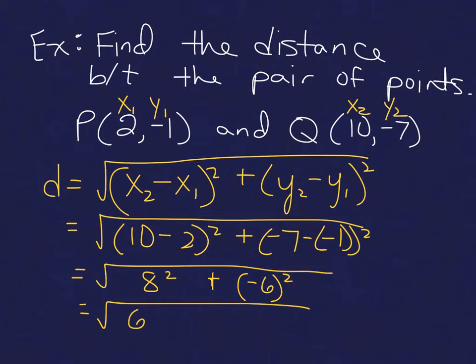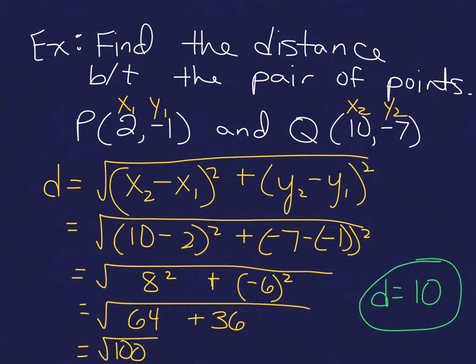So 8 squared is 64, -6 squared is 36. Okay, so we are looking at the square root of 100 because 64 plus 36 is 100. Now, of course, we're not going to leave that distance as the square root of 100 because we know what that is. So the distance between P and Q would be 10 units.